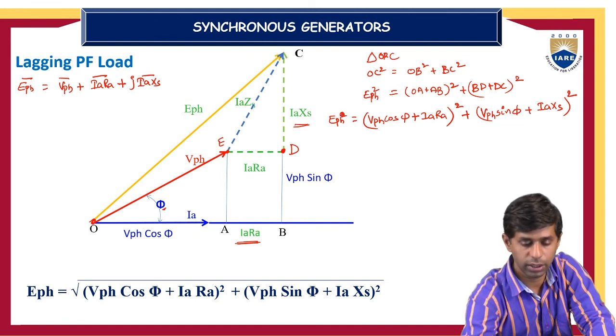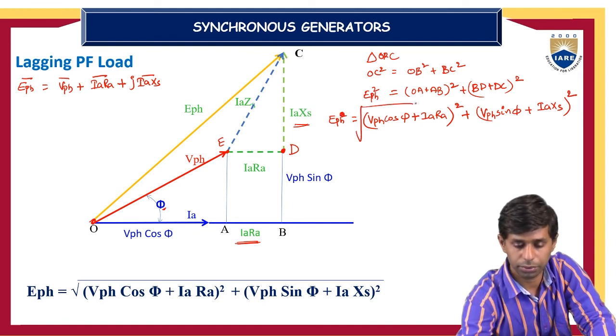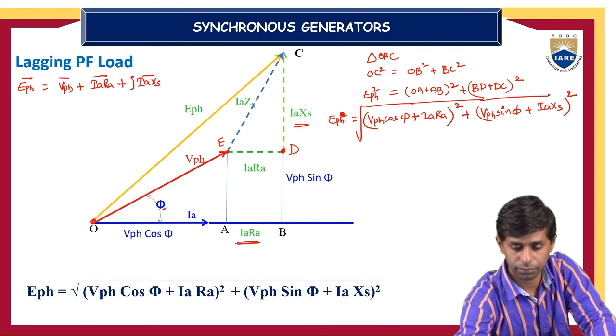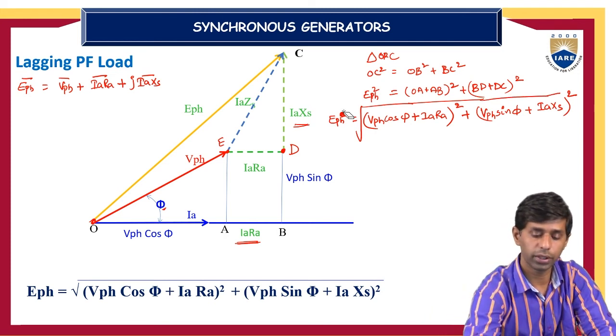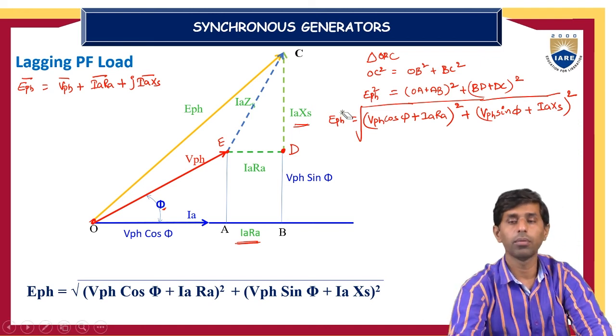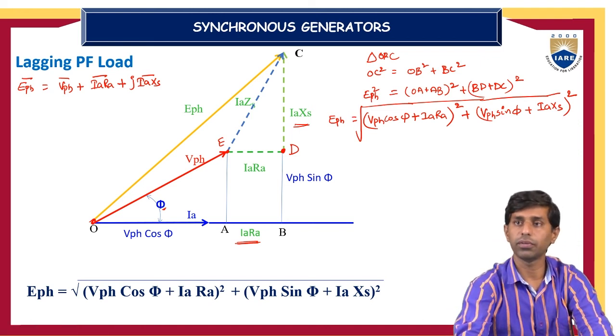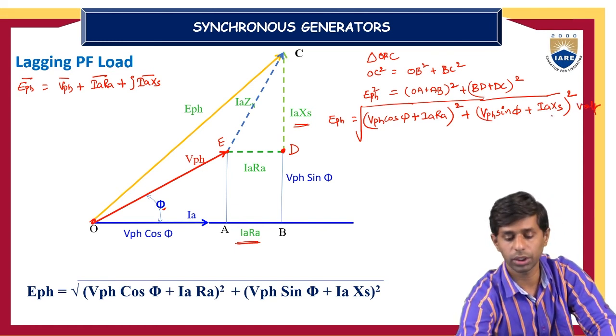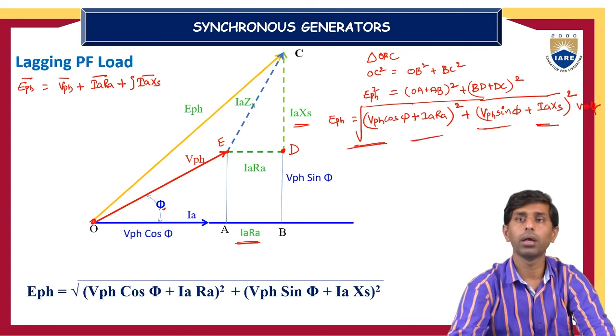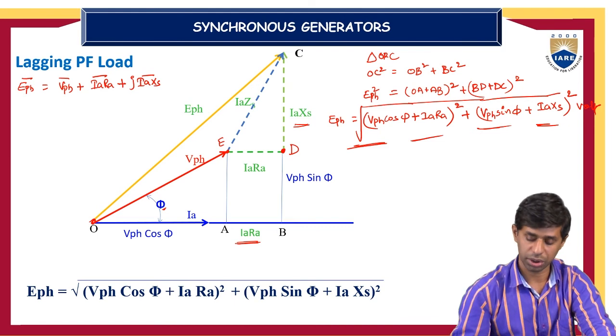And so E phase is equal to the square root of V phase cos phi plus IARA, whole square, plus V phase sin phi plus IAXS, whole square, volts. This is the induced EMF in the alternator under lagging power factor loading conditions.